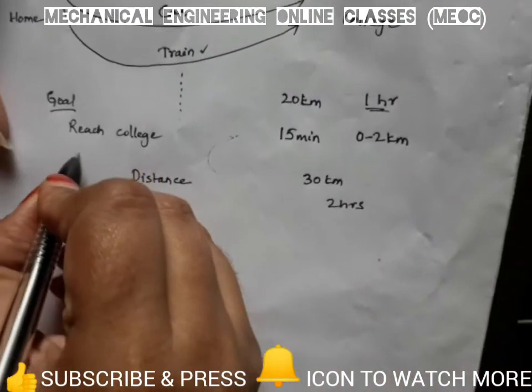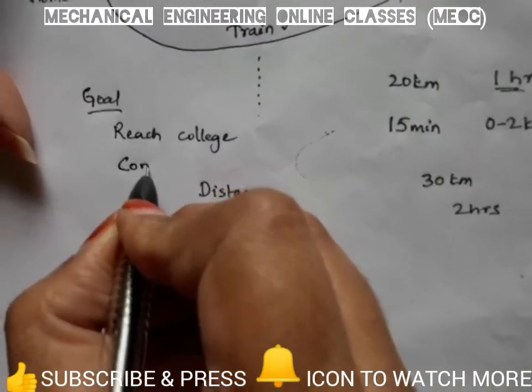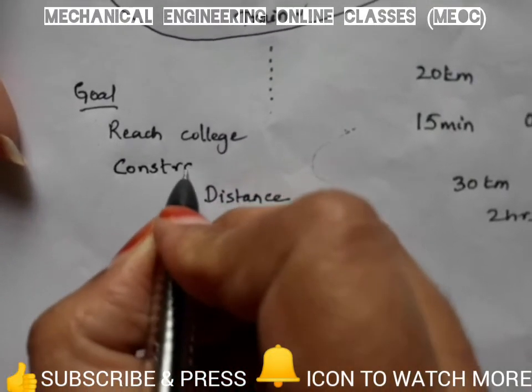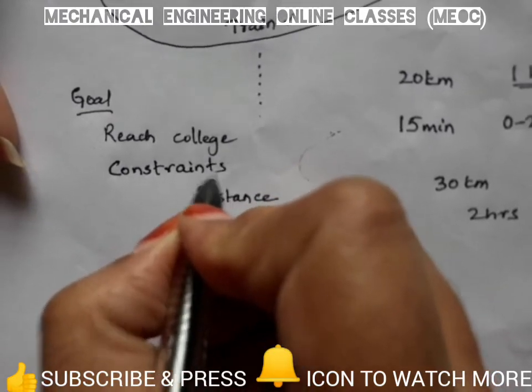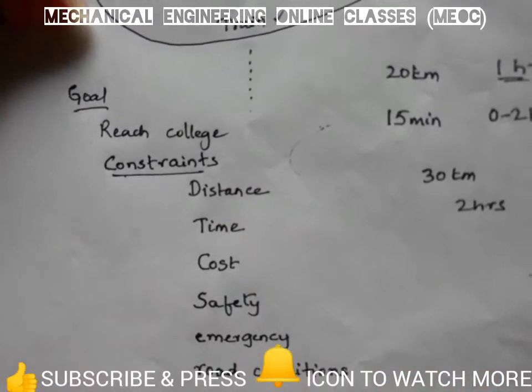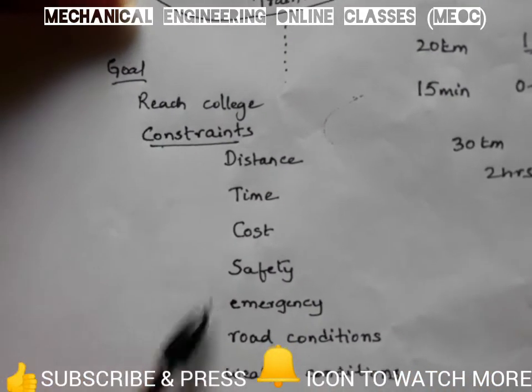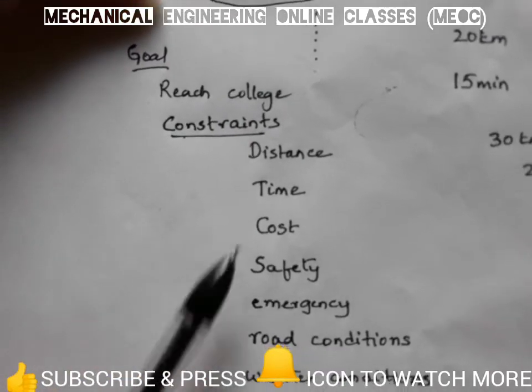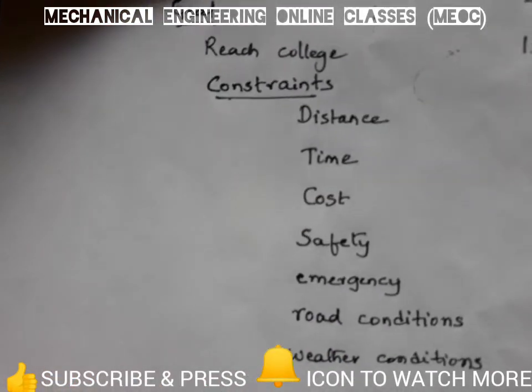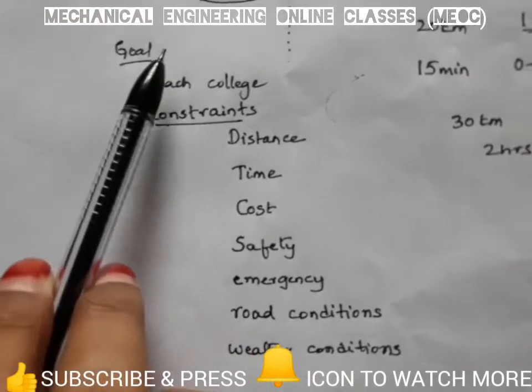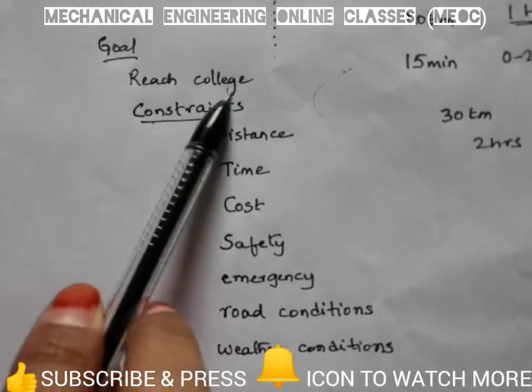So these are called constraints. Constraints means anything which offers a restriction. So these are all constraints. Our goal is subjected to constraints, that means different restrictions. So looking after all these constraints, we have to choose what is the best way for reaching our college.